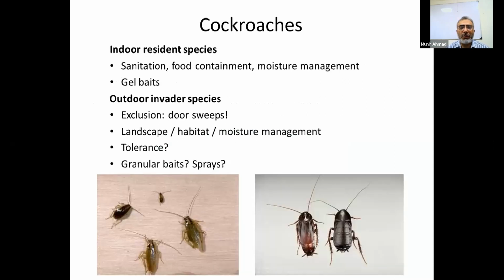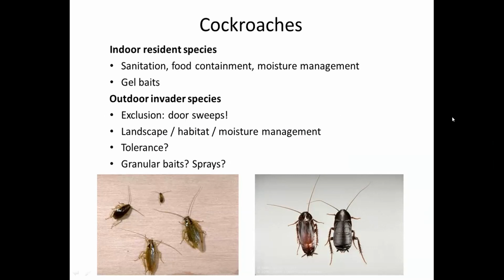Next category is the cockroaches. Cockroaches are very important. Two major species are very common in our areas. If you see on the right side, they are the oriental cockroaches, and on the left, these are the German cockroaches. They are mostly present near humid areas.